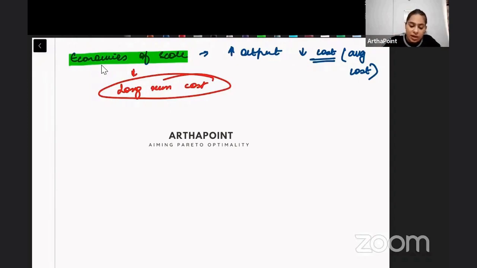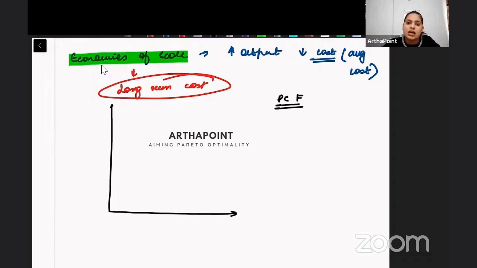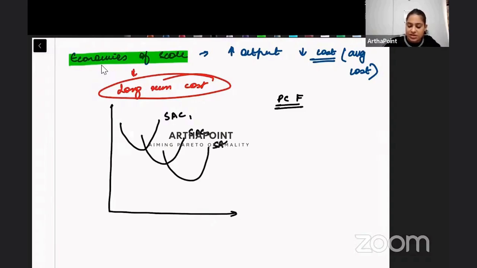Now, let's talk about a perfectly competitive firm. We know that these are our short run average cost functions: SAC1, SAC2, SAC3, SAC4, SAC5, and so on. These short run cost functions were drawn for different levels of capital, because capital was fixed.